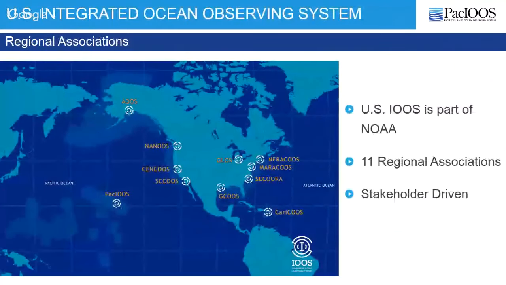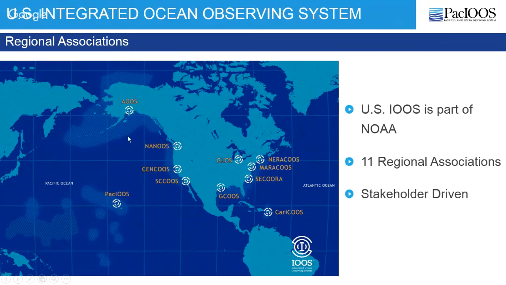All right, so starting with the big picture, we are part of the U.S. Integrated Ocean Observing System. Their abbreviation is IOOS, so we're Pac IOOS. We're one of the 11 regional associations. You can see my mouse here, right? So this is us over here, a pretty large region, obviously.